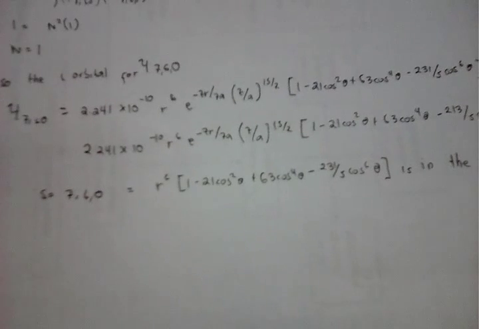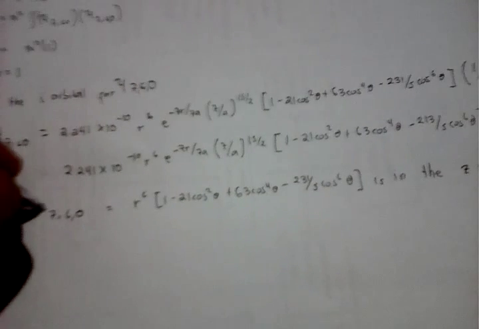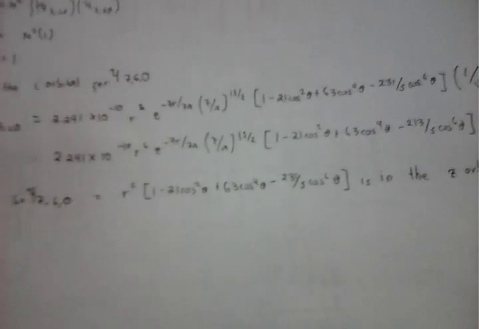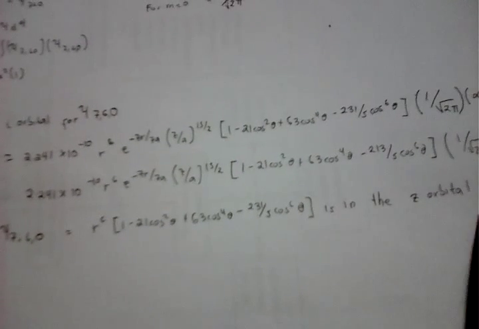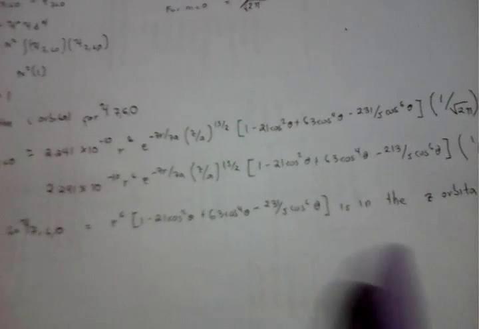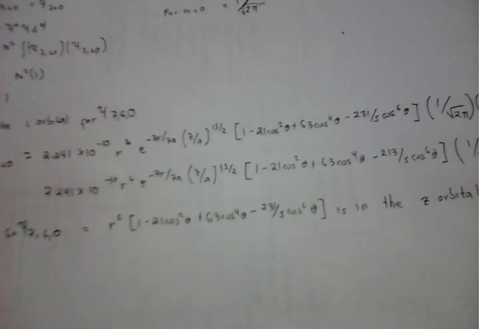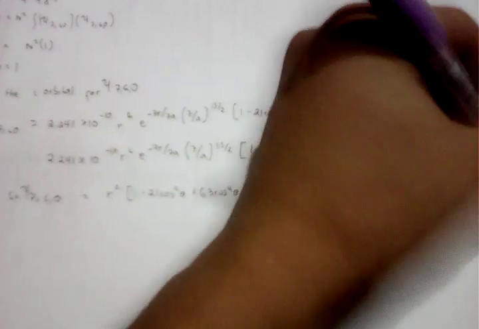Since the orbital is all cosine squared, I conclude that psi 760 equals r6, and then the cosine is in the c orbital, and the m equals 0 is the c orbital of the 7i, and this is the answer.